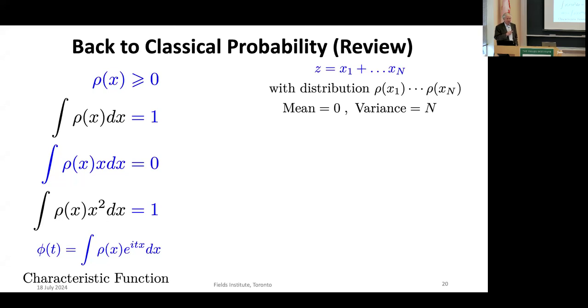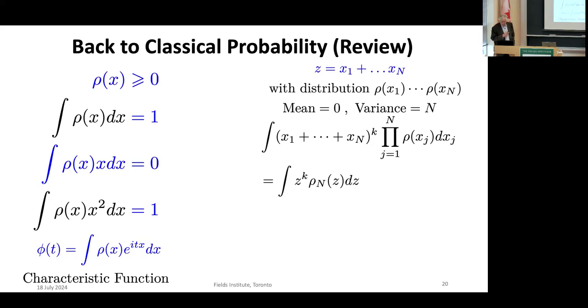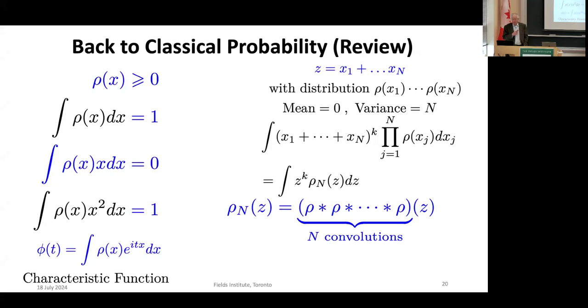And the sum of the n copies will have mean 0, since each mean is 0, and the variance capital N. So if we want to calculate z, the kth moment of z in the product distribution given by the rho in each variable, it's just the integral of z to the kth moment in some distribution rho n, which is the n-fold convolution of the original one.